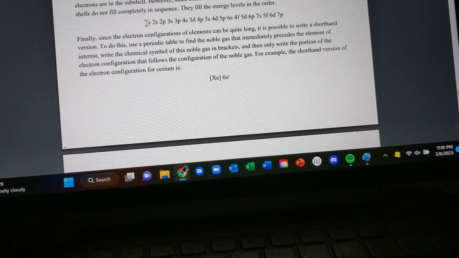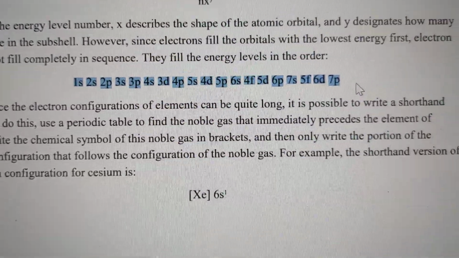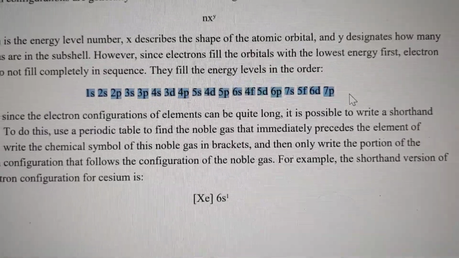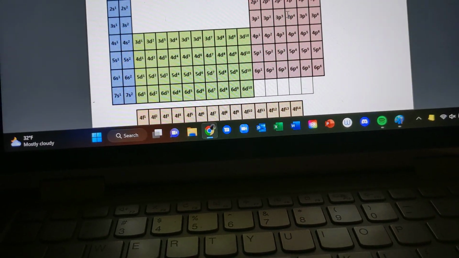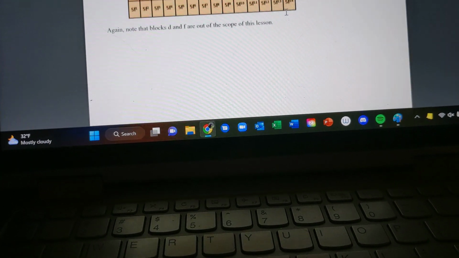Yeah, so here's a pretty decent way of filling up the energy levels in case you have to do that, which I don't think you showed. I don't remember though. It's been a while since I took Gen Chem. Well, it was last year, but I blocked it out of my energy.